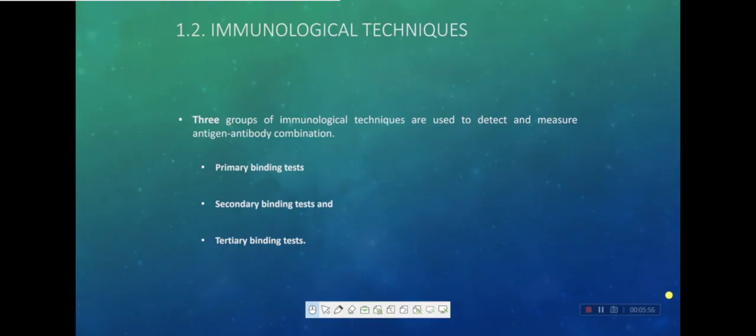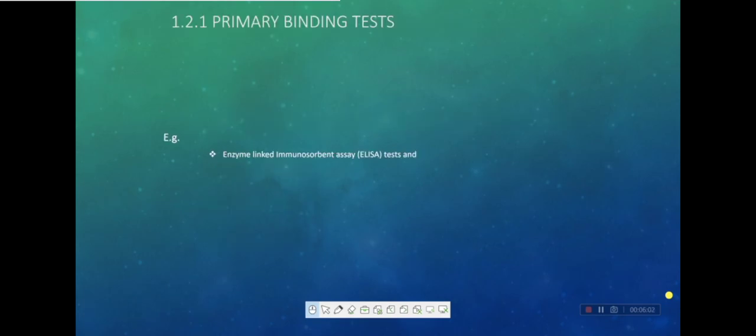In the first part, we are going to talk about the primary binding tests performed in the laboratory. An example of a primary binding test is the ELISA test, the enzyme linked immunosorbent assay, which is widely performed in the laboratory. The second is RIA, radioimmunoassay. The third is Western blotting, which is also performed for HIV and AIDS diagnosis.